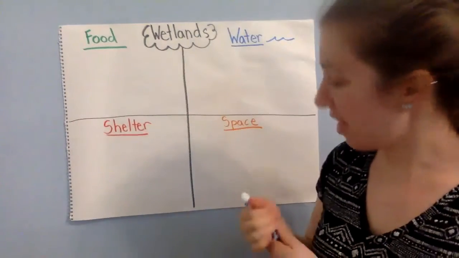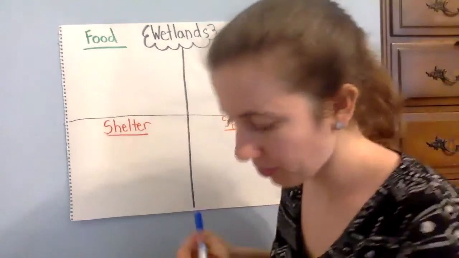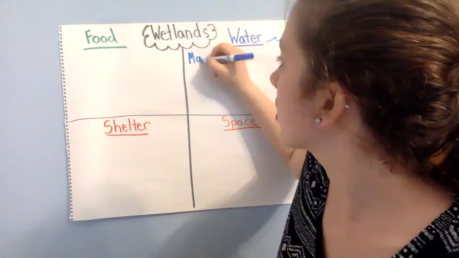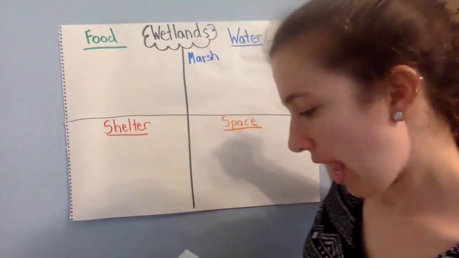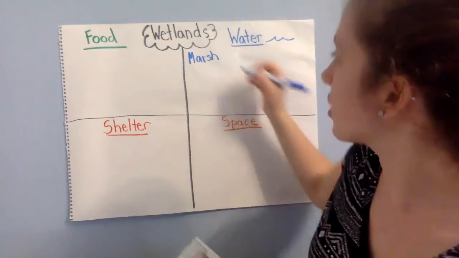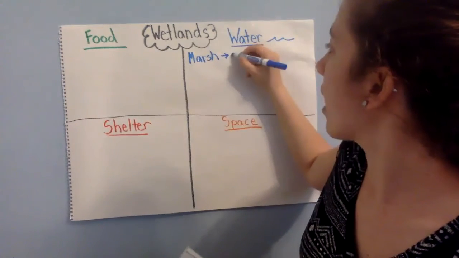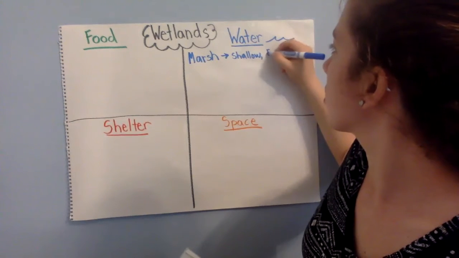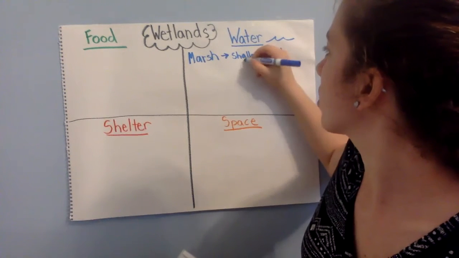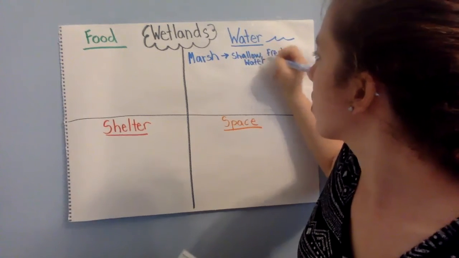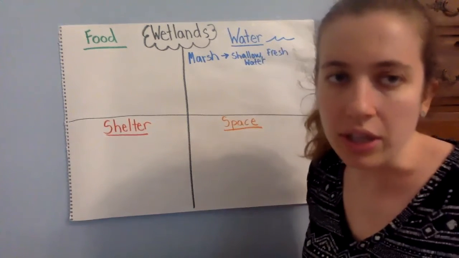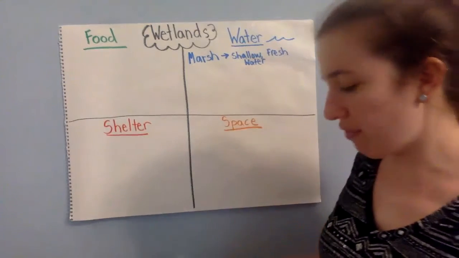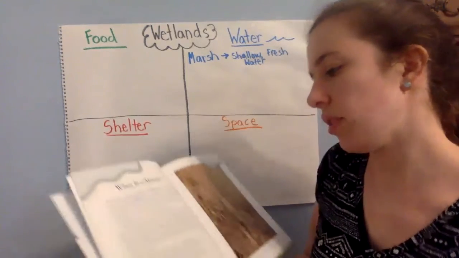I'm learning that in the wetlands, there are marshes, and that marshes have shallow, fresh water. Fresh water means that it's not salty. You know when you go to the beach and you have the salt water and it's all salty? Marshes have fresh water. It's not salty.